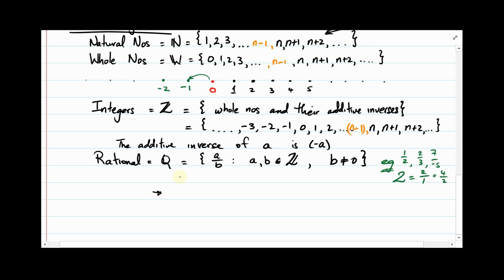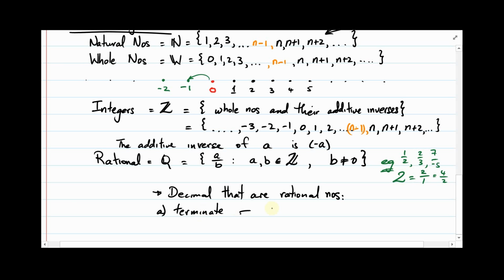And the answer is no. The only decimals that are rational numbers are one of two cases. A, those decimals that terminate.